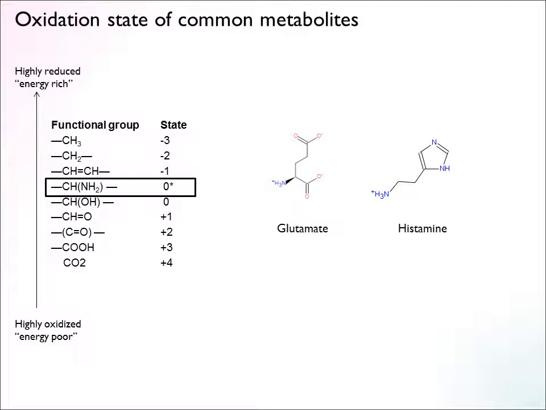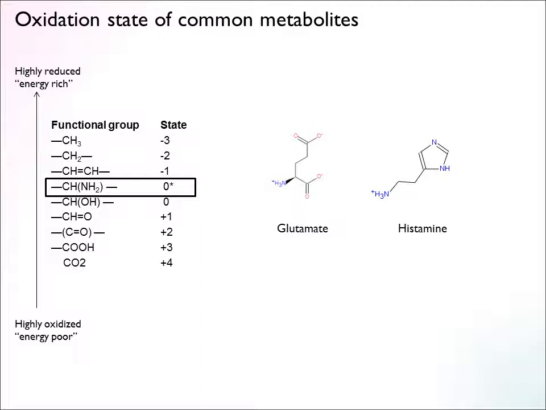One example of this is the amino acids. So that would be the amine groups, looking like this. I put a star here on this state, so 0 star. So it's pretty much the same as alcohol groups, which would be the next rung on the ladder. But nitrogen is a bit less electronegative than oxygen. So, you know, it's a little higher up, you might say.